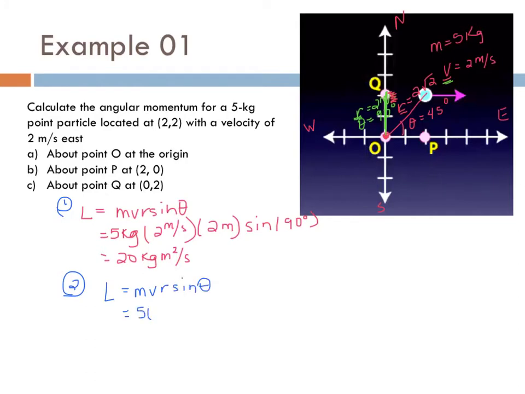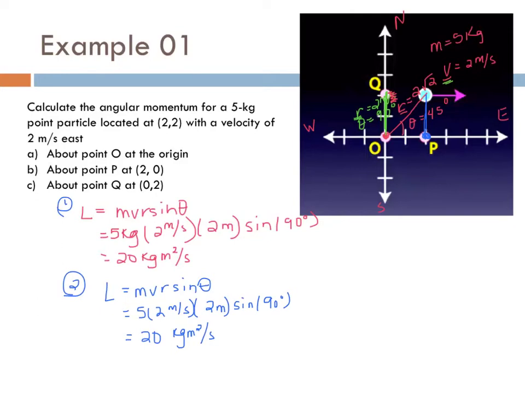M is 5, v is 2, and r from point P is already perpendicular to v. So again we get the same situation, 2 meters with an angle of 90 degrees, so we get the same answer of 20 kilograms meters squared per second.